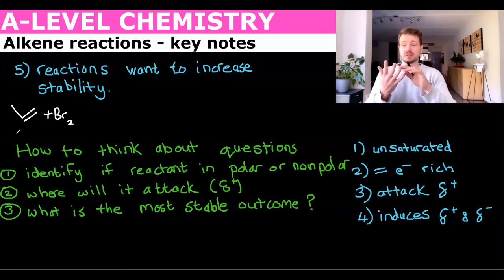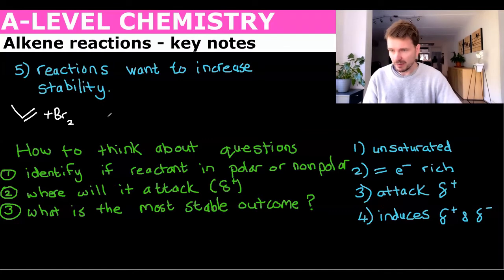Monkeys 1, methane 1, ethane 2, peeled propane 3, and bananas 4. And so we are looking at a 3 carbon chain, so it's going to be propene. So this is propene and bromine.